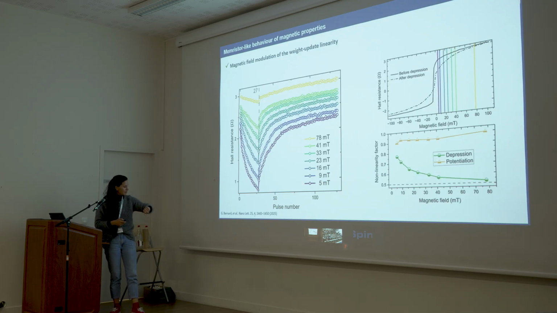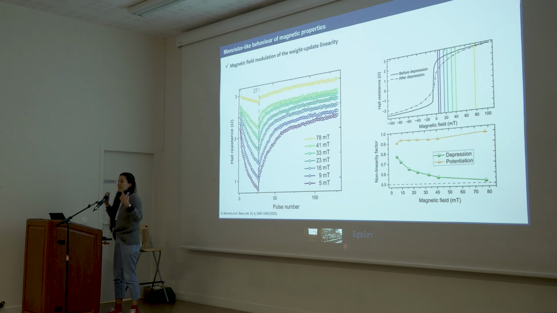From the point of view of magnetism, why would this signal change in this way? That is because we have two components that are competing against each other. On the one hand, we have this pulsing of the gate that is making the spins align from this direction to this direction. But at the same time, if we apply an external magnetic field, if the magnetic field is high enough, the spins will always align with the magnetic field.